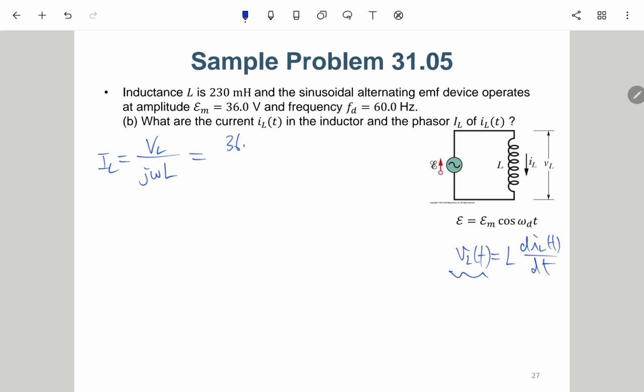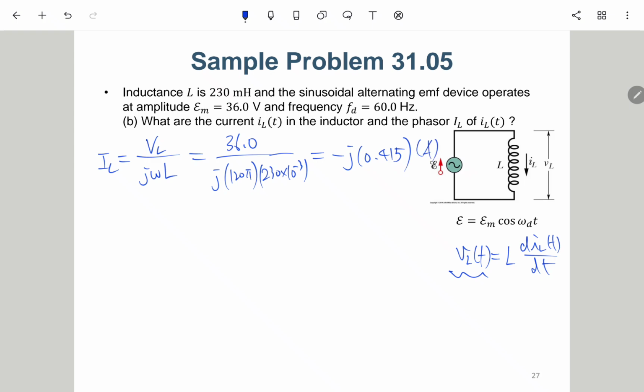So this is 36.0 over j, omega is the same, 120 pi, and L is 230 times 10 to the negative third. So this is nothing but negative j 0.415.